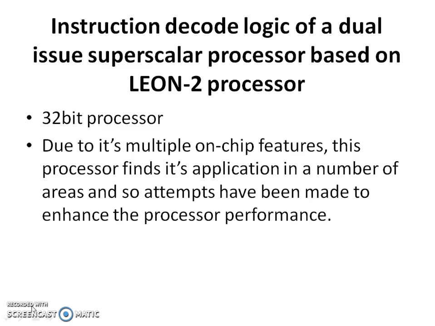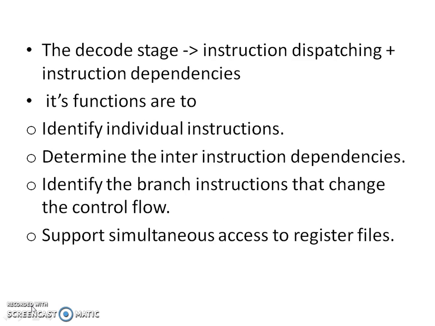This processor finds its applications in areas like digital dictation machines, fingerprint security systems, GPS processors, and so on. As it finds applications in a number of fields, attempts have been made to enhance the processor performance.